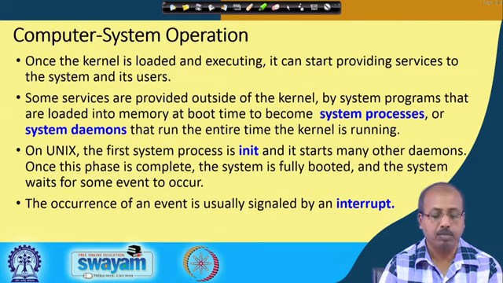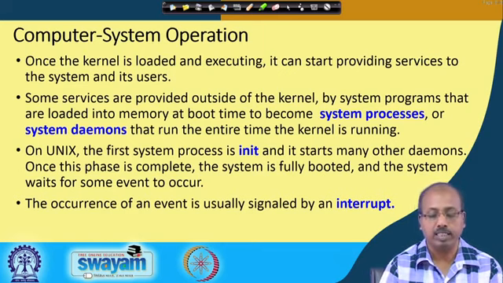Once this phase is complete, the system has fully booted and waits for some event to occur. Normally if you boot a Unix operating system, you may find messages on the screen, the init and all, and then you can see several daemons getting started.